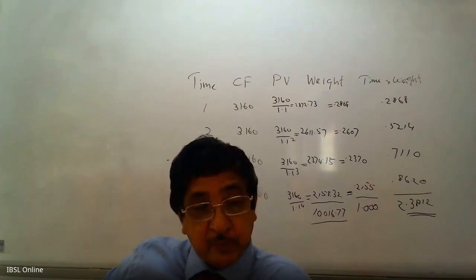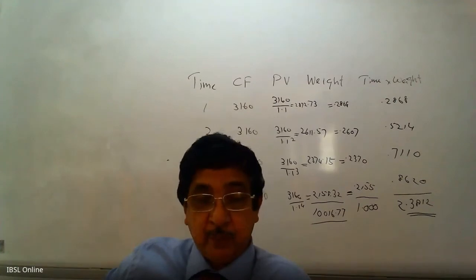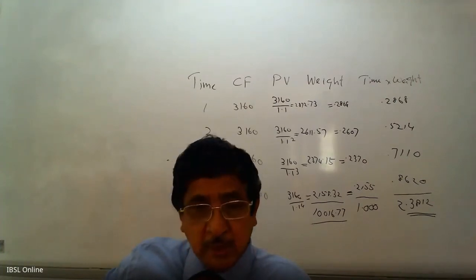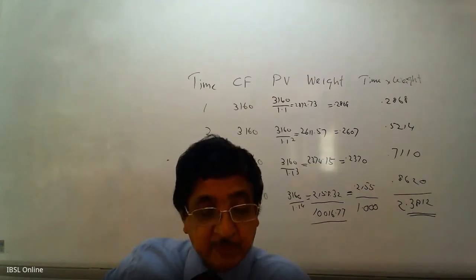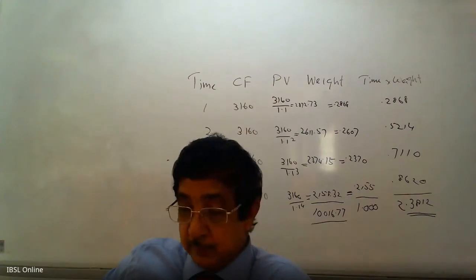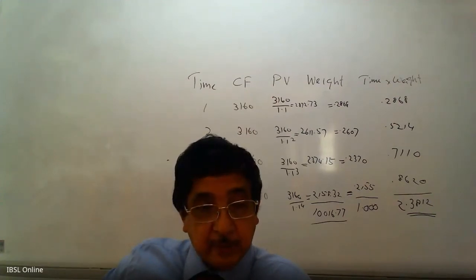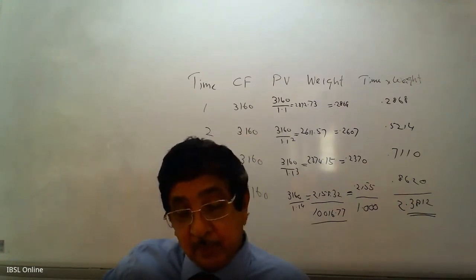If you know these two things, you are in a position to calculate duration. Now, I will give you an example of a particular immunization program. That one I will give as a supplementary problem.